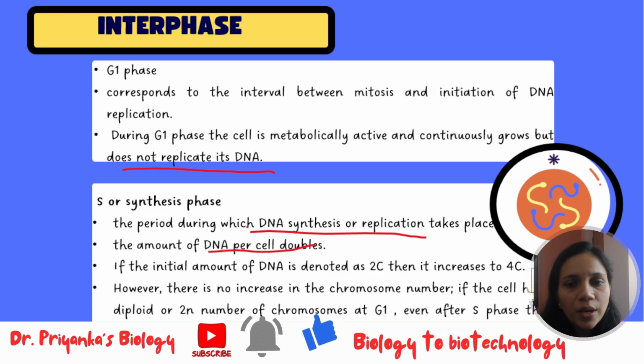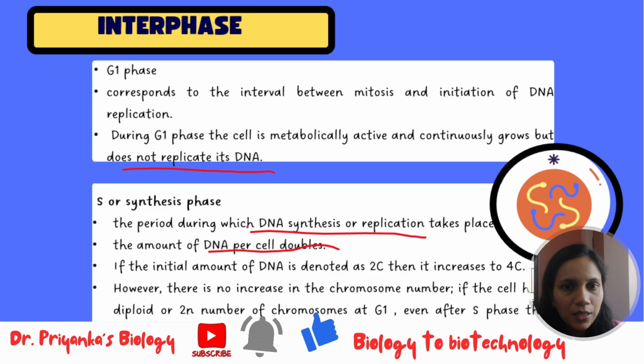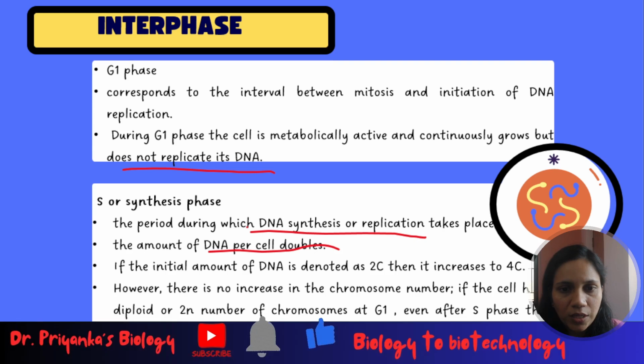The phase where there is doubling of DNA is your S phase. Suppose in your NEET exam, if the option is interphase, you have to choose interphase, and if the option is S phase, you have to choose S phase. S phase is a part of your interphase.